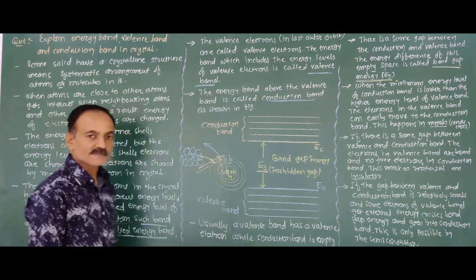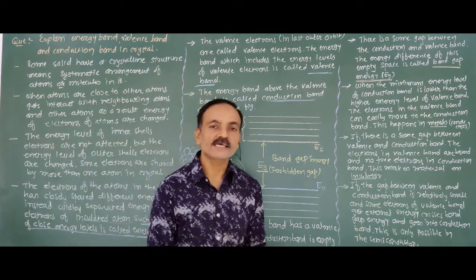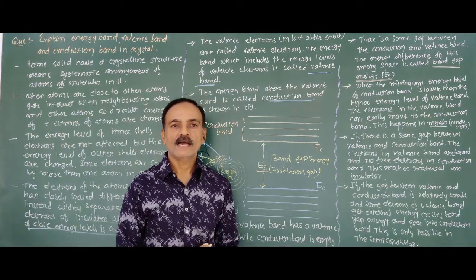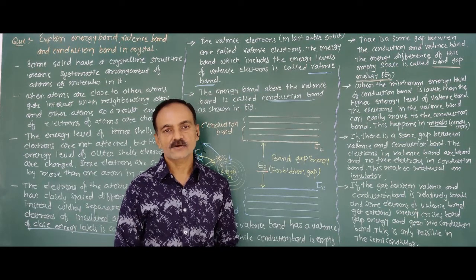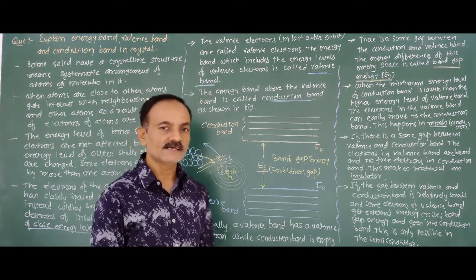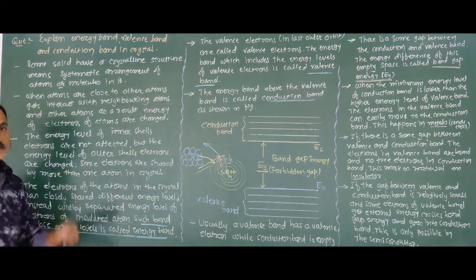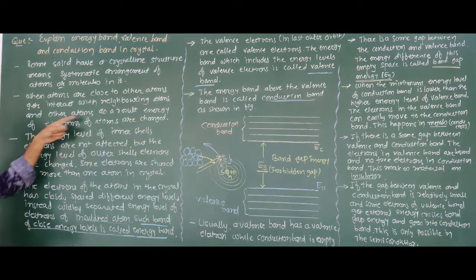When atoms come very close to other atoms, the electrons of the atoms interact with those of the neighboring atoms. As a result, the energy of the electrons of the atoms is changed.